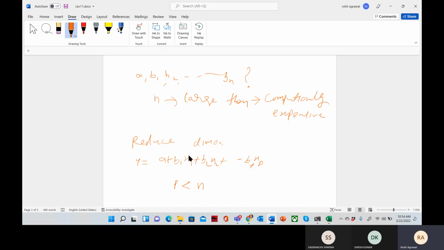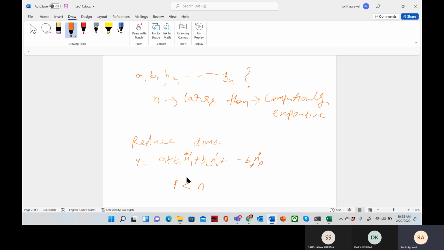So instead of writing x1, x2, you can write some other variables, like x bar, or x cap, or x dash. So instead of using n features, we are using P features, where x1 dash, x2 dash up to xp dash are the new P features. Clear? So the mathematical definition is clear.